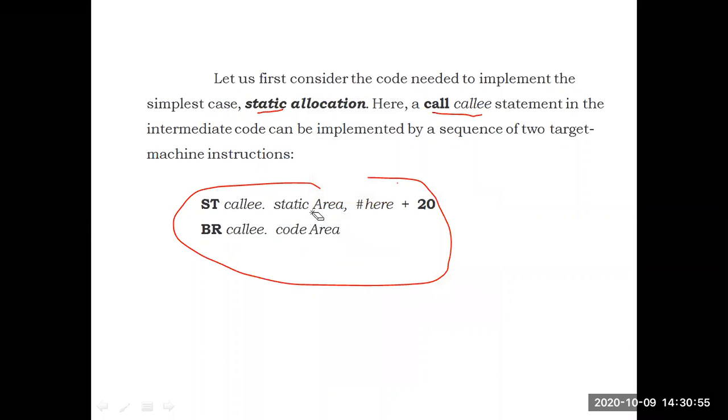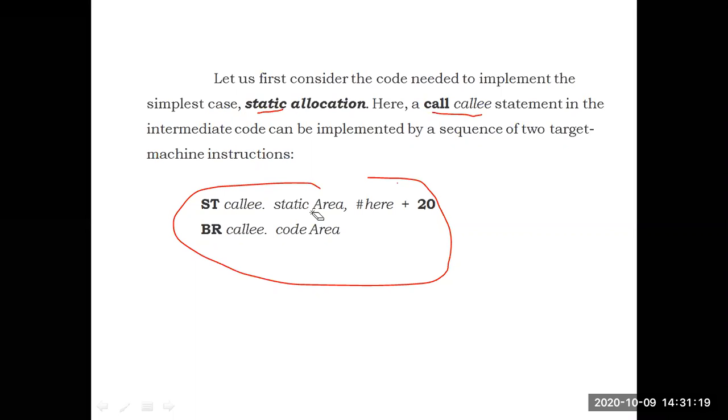The attribute static area gives the information about the first location of the activation record. After callee.static area gives this information, store will store the return address in that location.